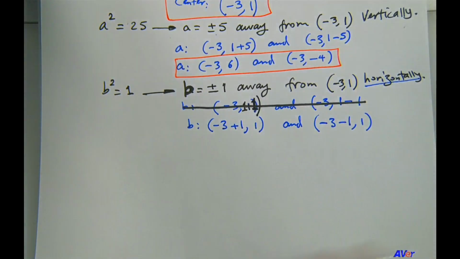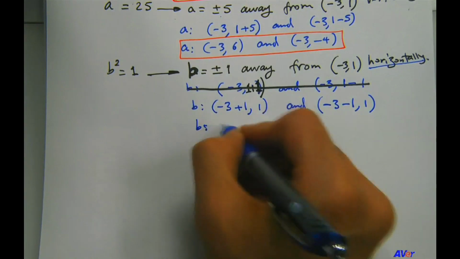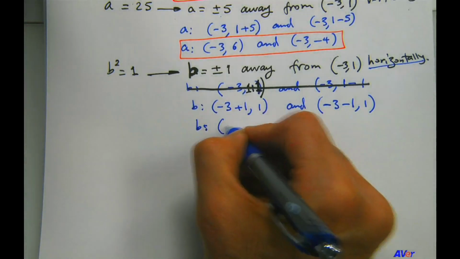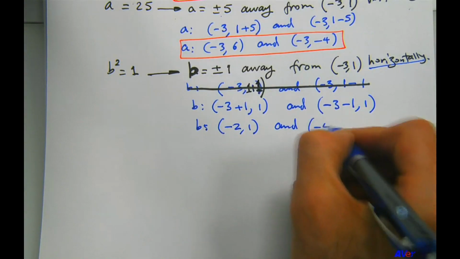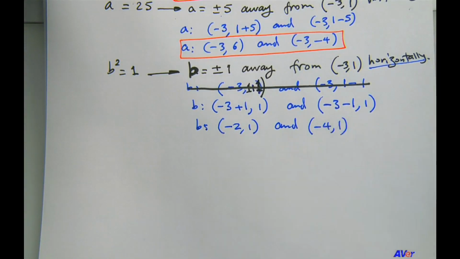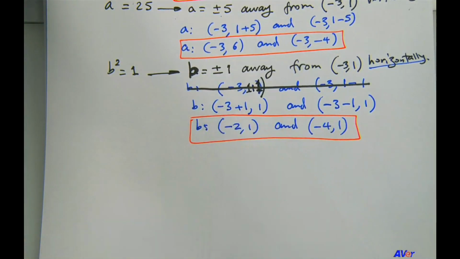Okay, now it's correct. So let's clean this up: minus 2 comma 1 and minus 4 comma 1. So that's the location for b.